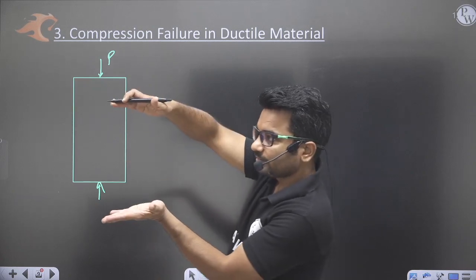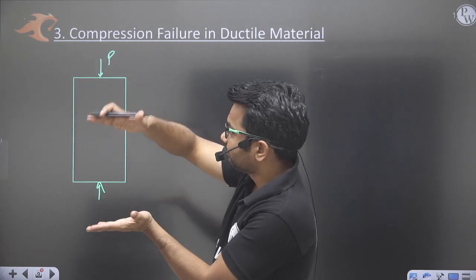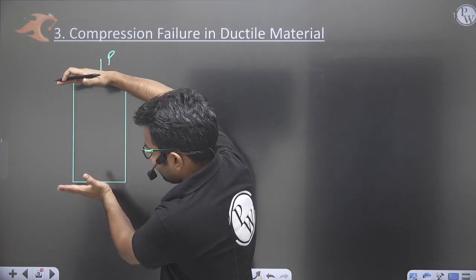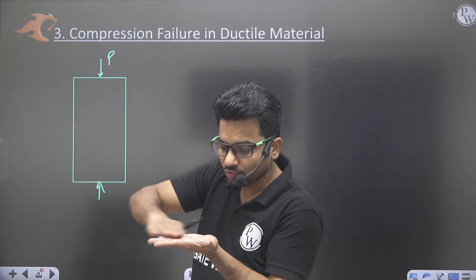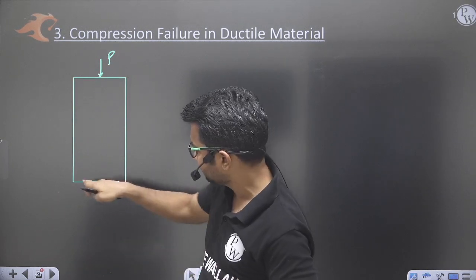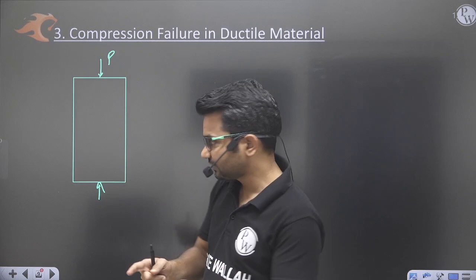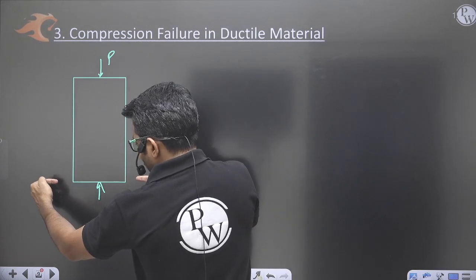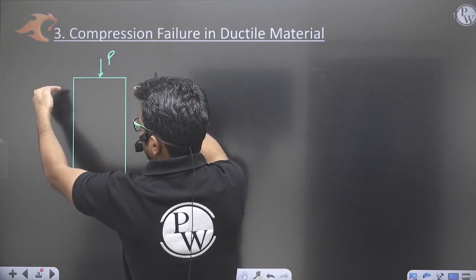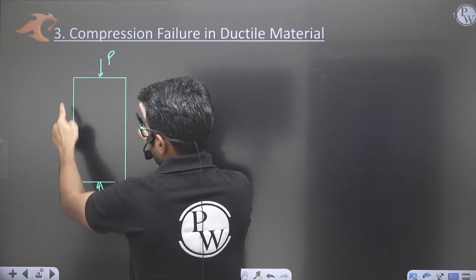And when I'm applying compressive loading, the machine plates will be there, and because of friction between those machine plates and the specimen, it will not be allowed to expand at the ends, but it will be expanding from the middle. Okay.